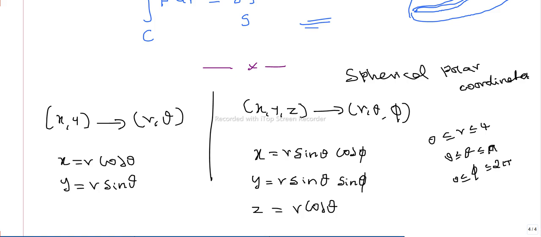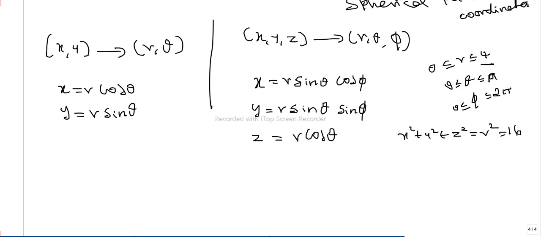If we take a sphere x square plus y square plus z square equal to 16, then r should be less than or equal to 4, because the general equation of a sphere of radius r is x square plus y square plus z square equal to r square. So in this case the radius is 4. The radius varies from 0 to 4, theta varies from 0 to pi, and phi varies from 0 to 2 pi.